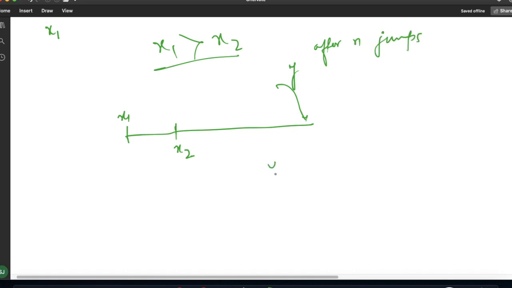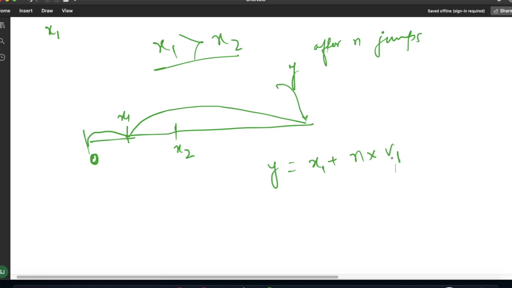So this y will be equal to the initial distance x1. Suppose this is my origin 0. So y will be x1 plus n into the jump v1. Correct?